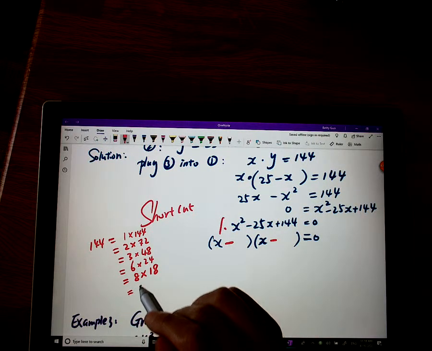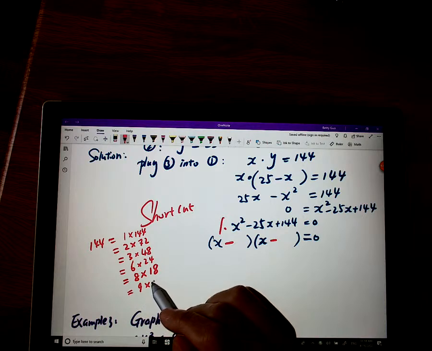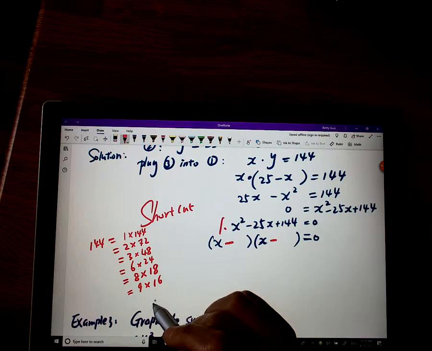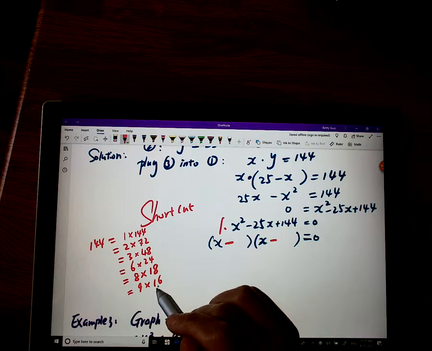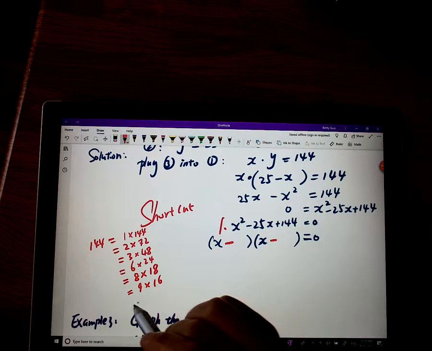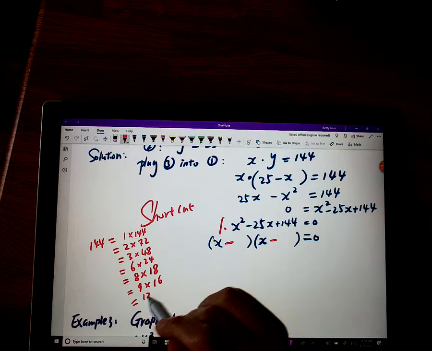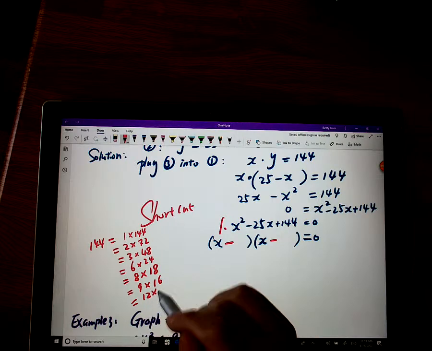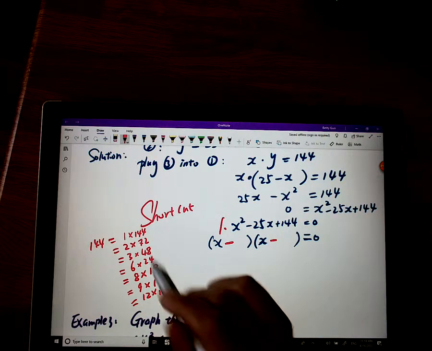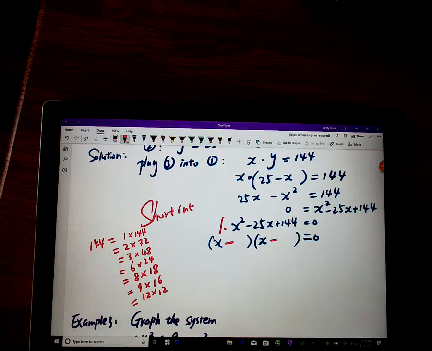What about 9? 9 times 16. Double check, yeah. What about 10? 10 doesn't work. 11, no. 12 times 12, yeah, we know that. Okay, so that's all the possibilities.